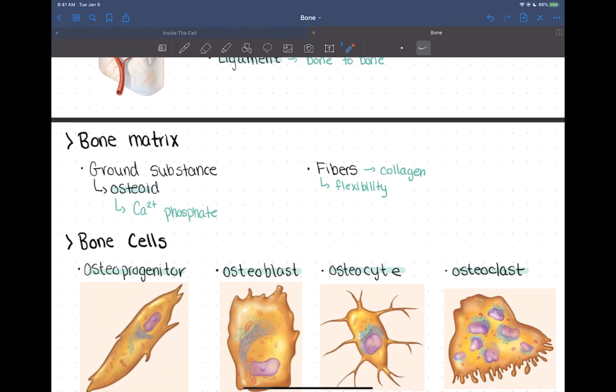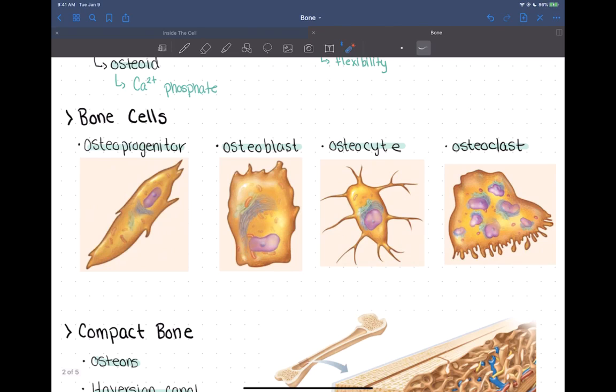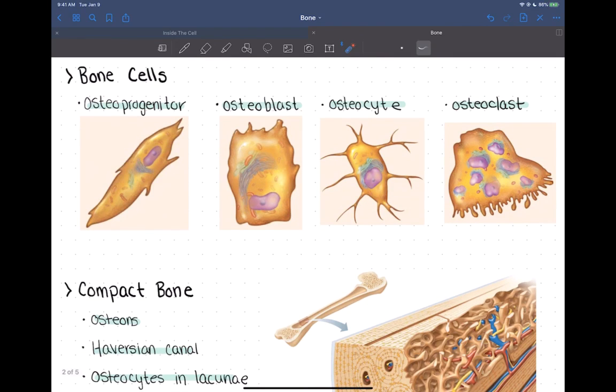Also, important feature of connective tissues, we have our matrix and then we have scattered cells. So let's talk about those scattered cells and the different types, all right? So our bone cells. So our first bone cell is called an osteoprogenitor cell, okay? And so an osteoprogenitor cell, or I'm going to put it in parentheses, an osteogenic cell, just so if you see that word, it means the same thing.